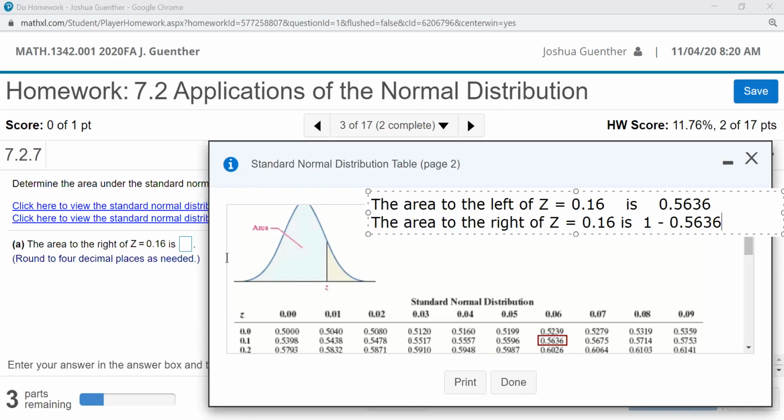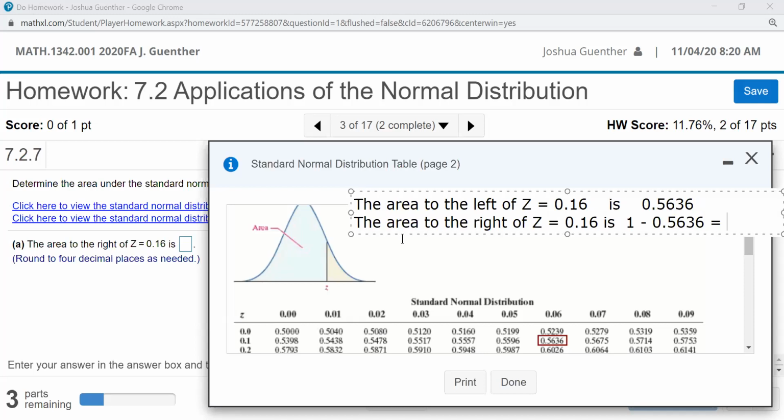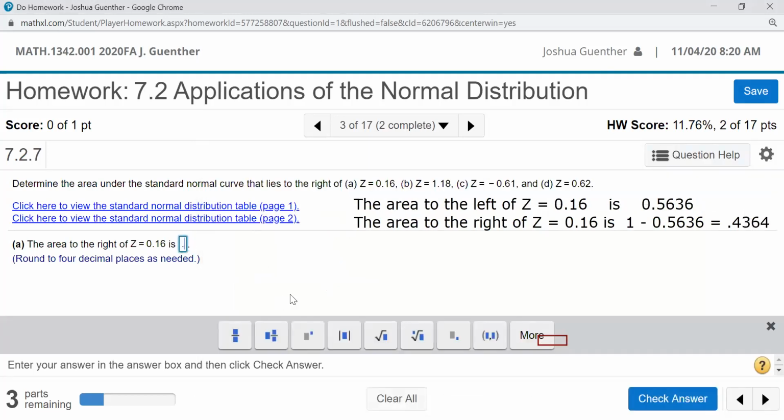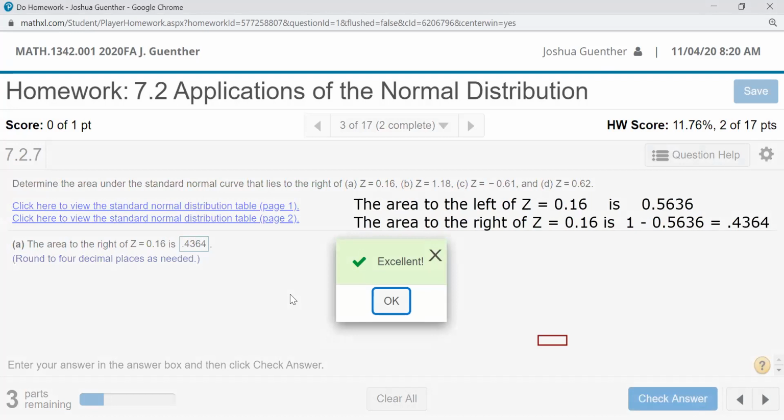Well, we know the total area under the curve is 1. So we can just subtract this area to the left from 1, and that's going to give us our area to the right. And so, oh boy, maybe I'll just do this one in my head. 0.4364. All right, I did that in my head, so take it with a grain of salt. Hey, I did it right in my head.